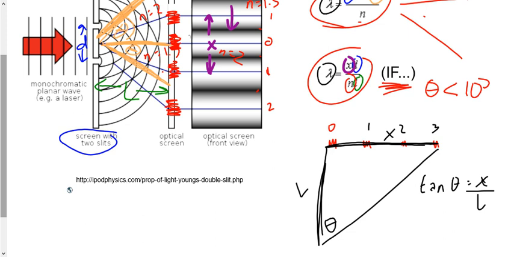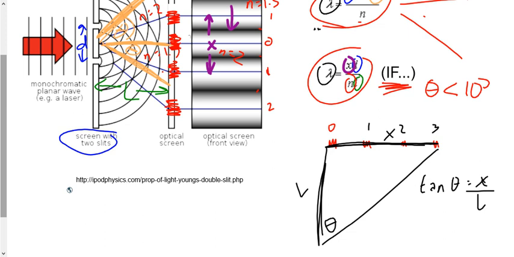But if you find theta every time, between 4 and 0 or between 2 and 0, whatever, then why wouldn't you just go back to using this equation? That's the thing. There's virtually no point to having that second approximation if we're always going to find the angle to see if it's bigger or less than 10 degrees.